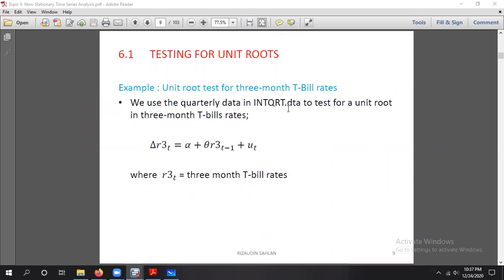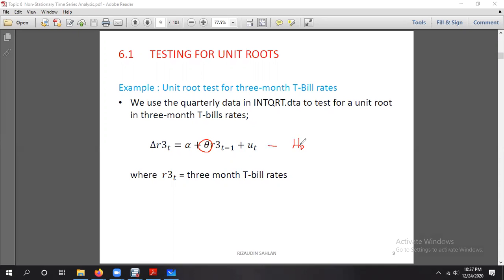To perform the unit root test, we use this formula. The difference of Rt, we regress on Rt minus 1, and then of course we look at the value of theta and the t-test we have discussed before.